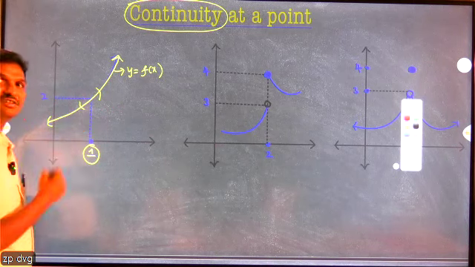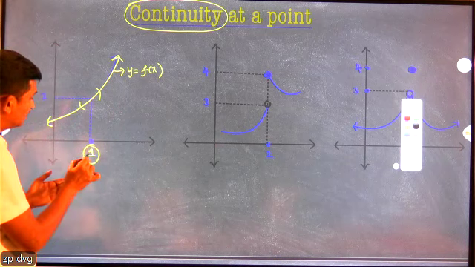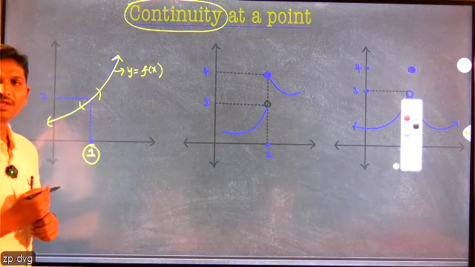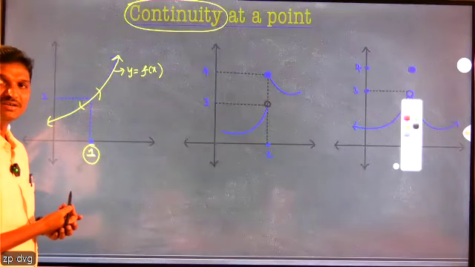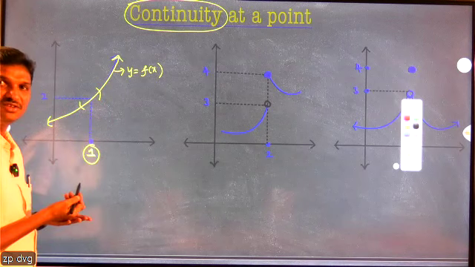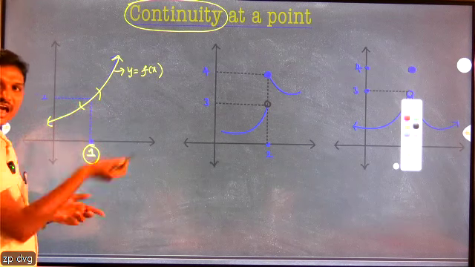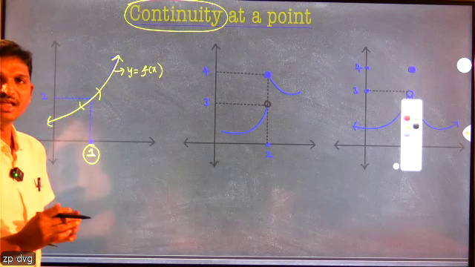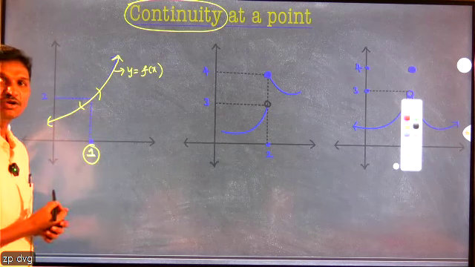Any break in this graph? No. So we can easily say that at 1, this function is continuous because there is no gap in it. So by seeing the graph, we can easily check the continuity. You just observe the graph at this point. If any gap is there, then it is not continuous. In this graph, there is no gap, so it is continuous at x equal to 1.